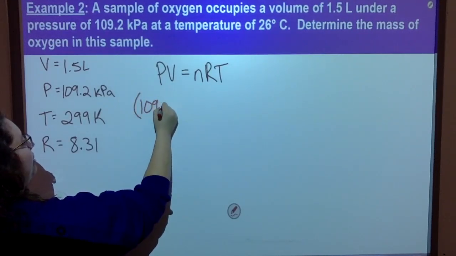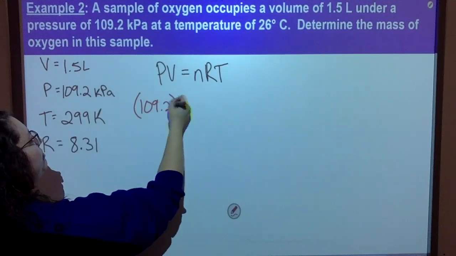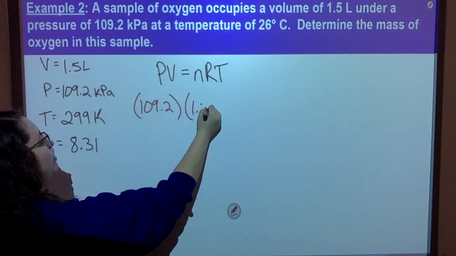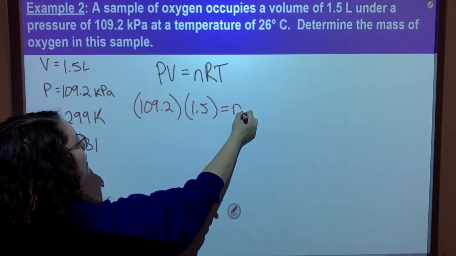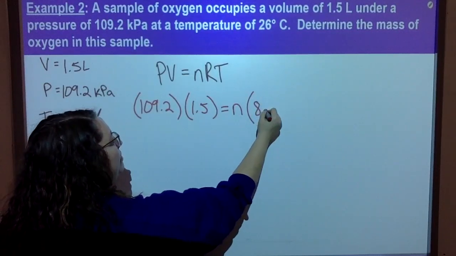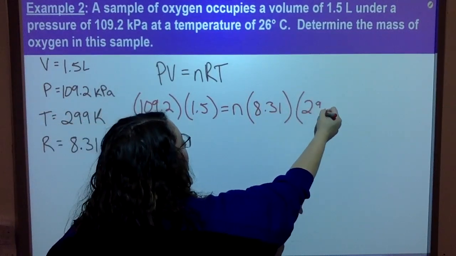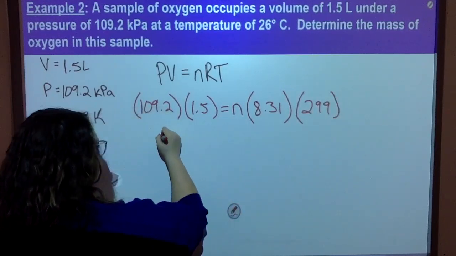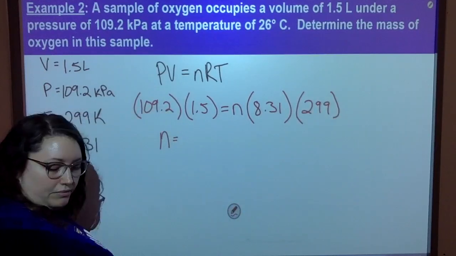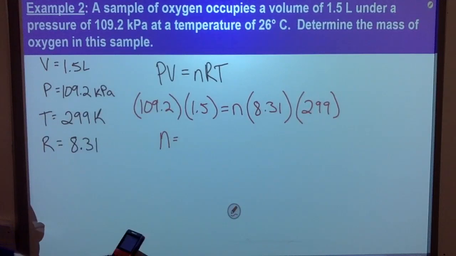So you have 109.2 for our pressure. Volume is 1.5. We're going to set that equal to n times 8.31, because that's our R constant. And the temperature was 299 Kelvin. So the number of moles here, we're just going to plug all this in.